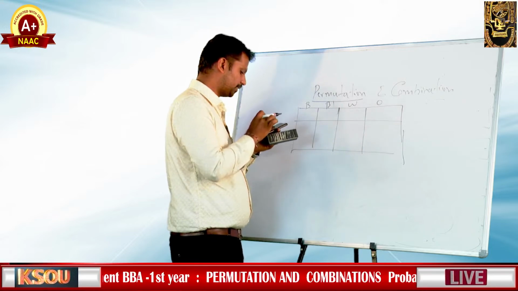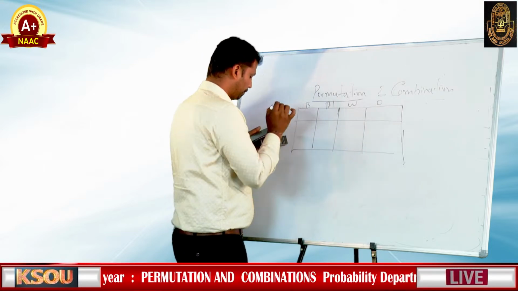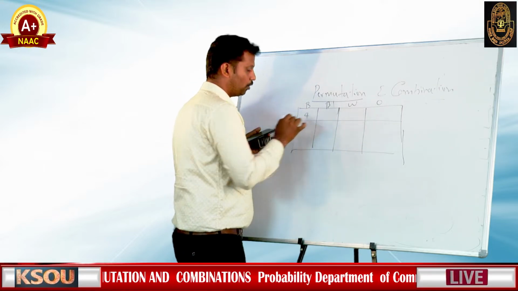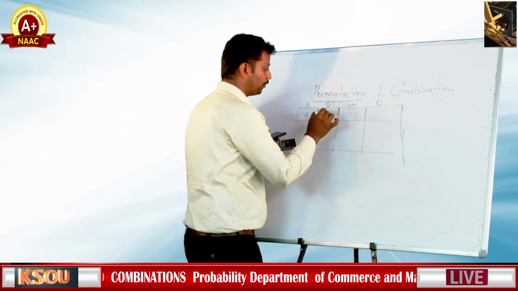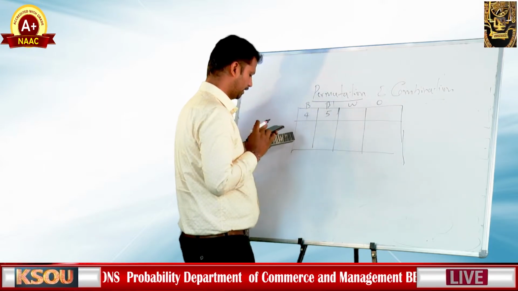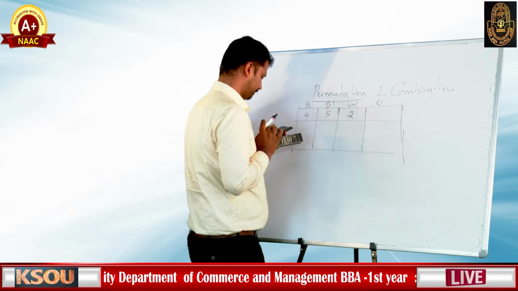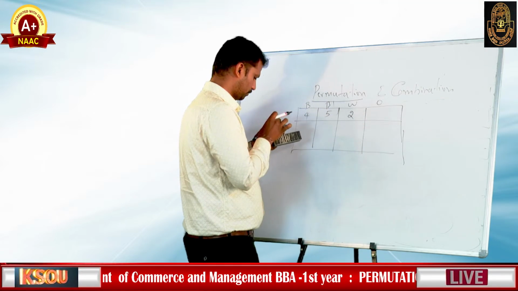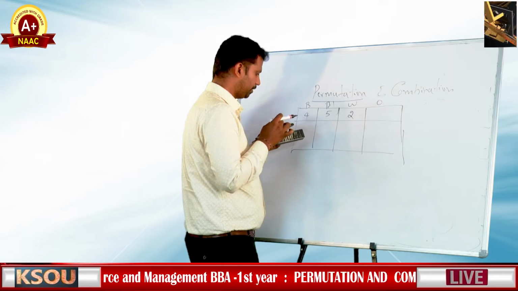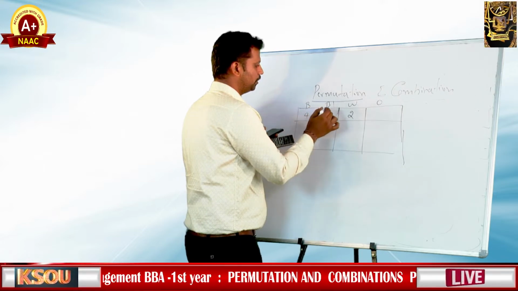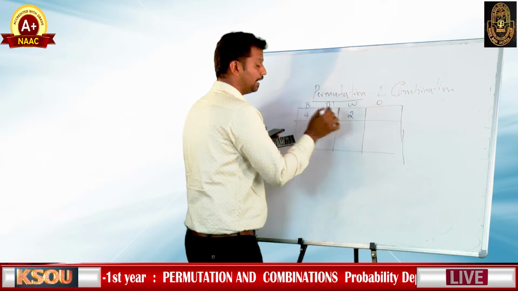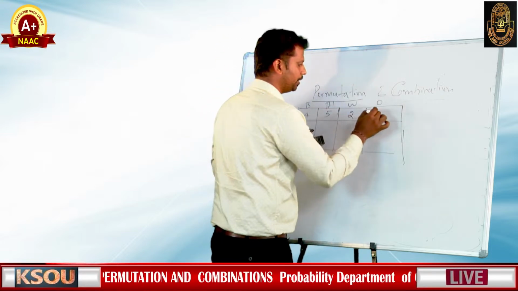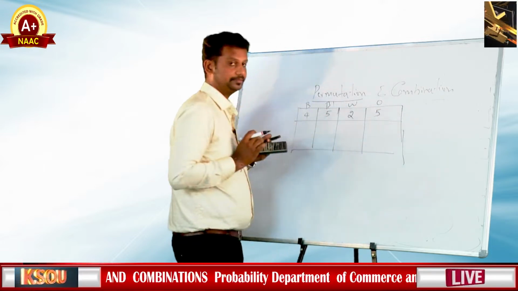Then the total numbers: 4 batsmen, 5 bowlers, and 2 wicket keepers. The rest, 4, 5, 2, so 16 minus 11, that is the remaining 5 members are all-rounders.